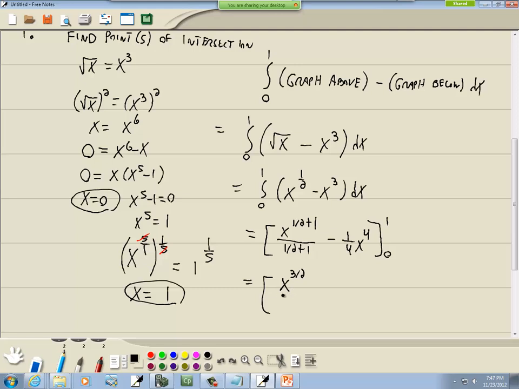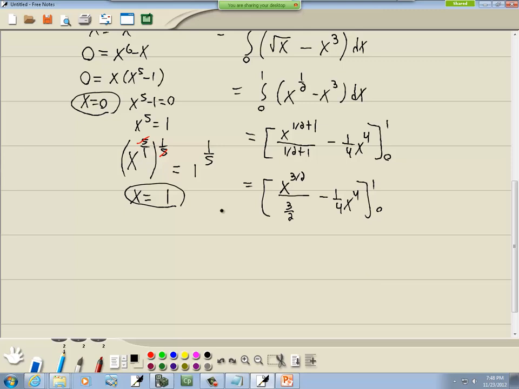And this would be 3/2 here, minus 1/4 x to the 4th. Remember, if you got a single fraction downstairs, you flip it and multiply times your top part. So this becomes 2/3 x to the 3/2 minus 1/4 x to the 4th.